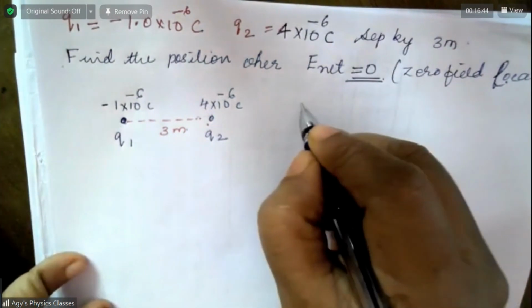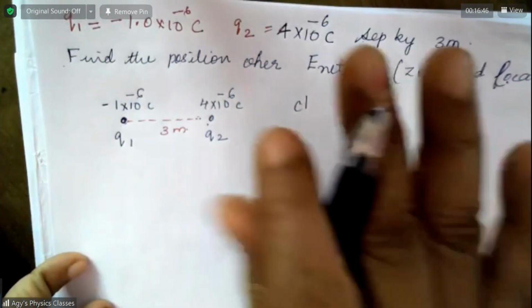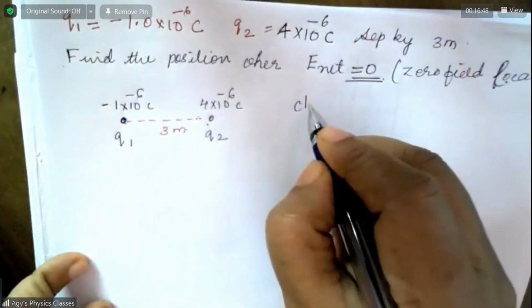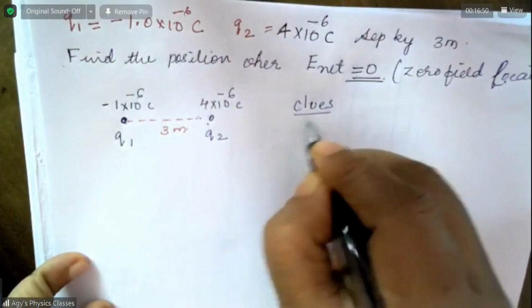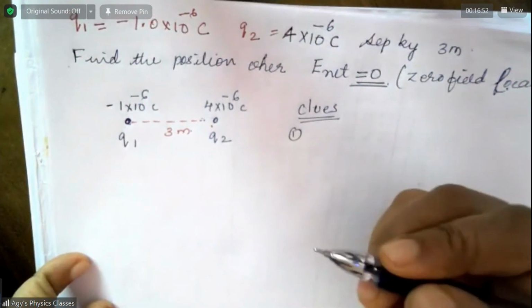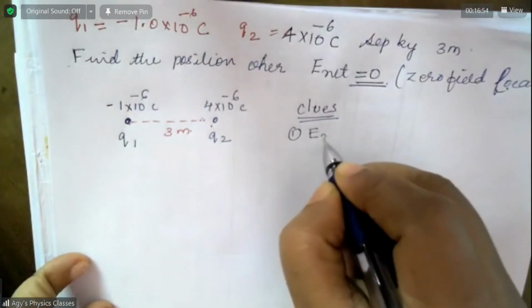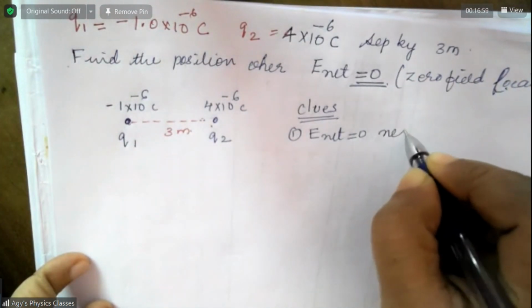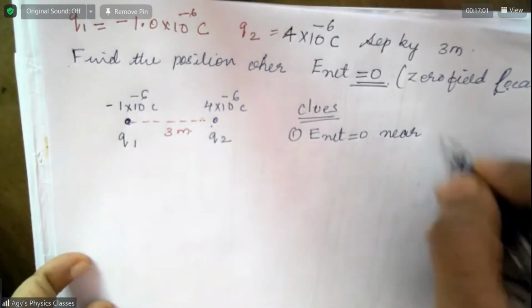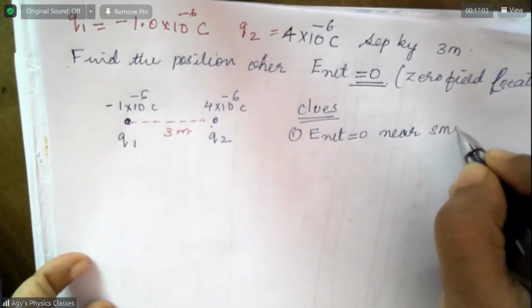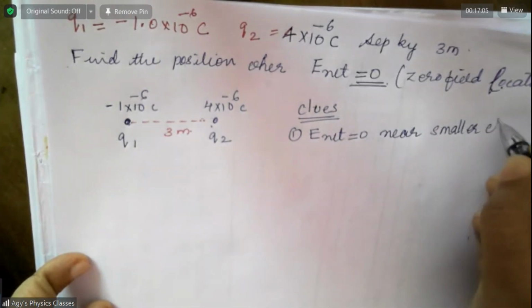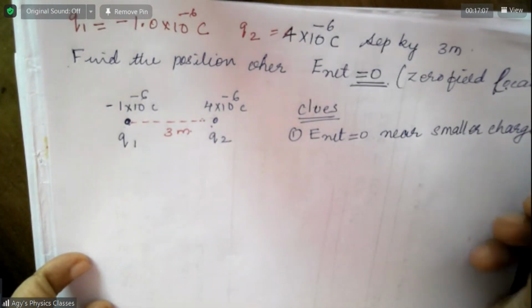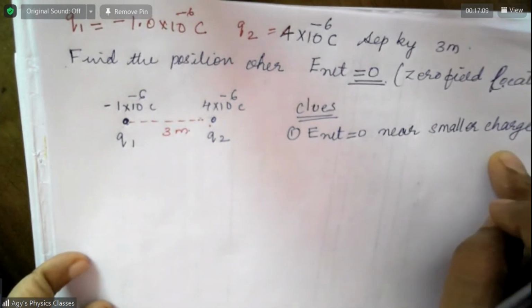For such questions, to do them quickly, you can use these clues. Number 1, E net will be 0 always near the smaller charge. Smaller charge means smaller magnitude.